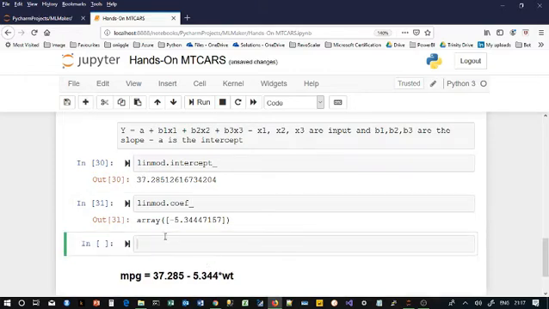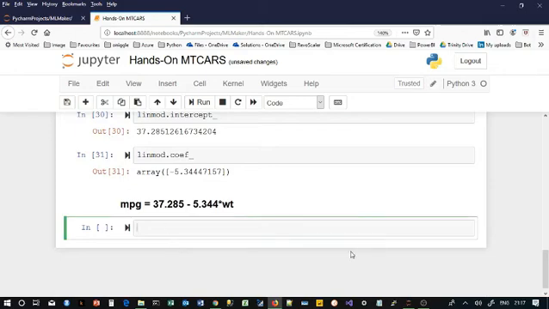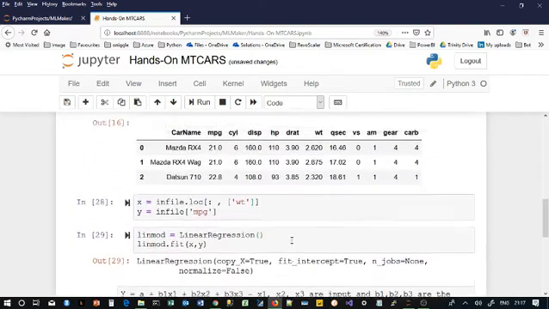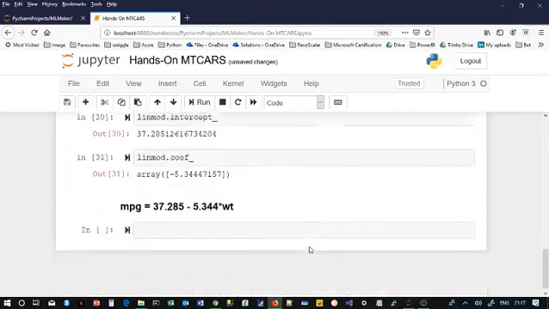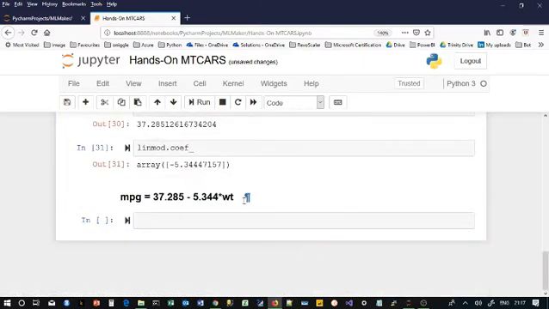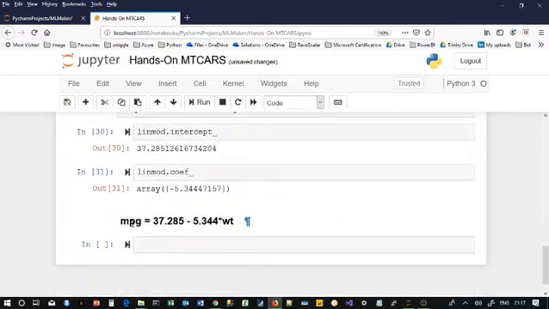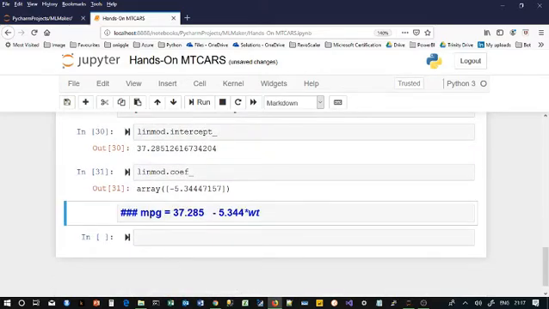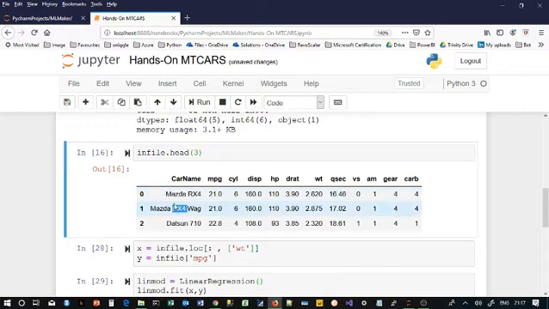Now, what I'm going to do now, introduce this below. I'm going to use the weight field from my original input data, what you see here, and run it through the equation. When you run it through the equation, you will get miles per gallon for each of the car.